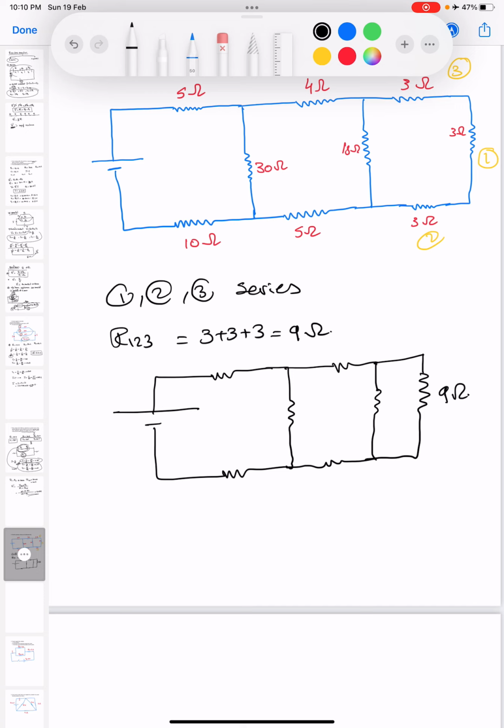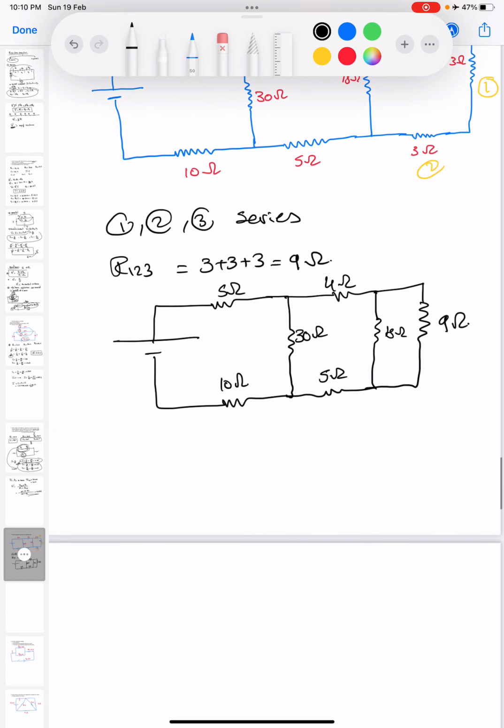Okay. This is 18 ohm, 4 ohm, 5 ohm, 30 ohm, 5 ohm, 10 ohm. Okay. Both of these resistances are R1,2,3 with this resistance R4. Okay.